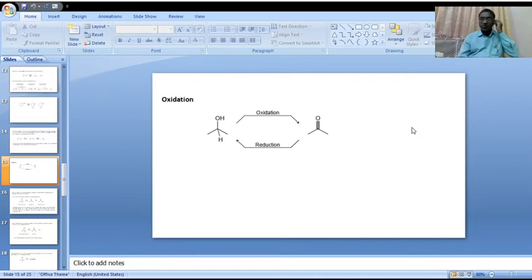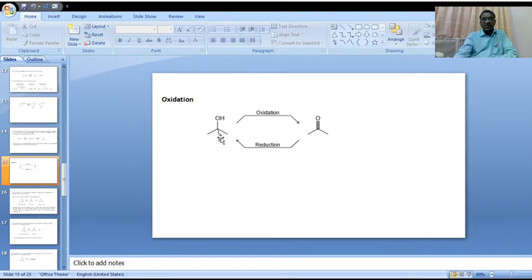Now let us go to oxidation and reduction. Here we are using a simple example, a secondary alcohol. Here the alcohol on oxidation, what happened? Loss of hydrogens.